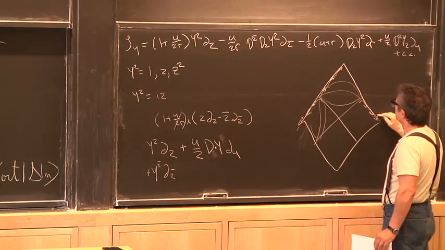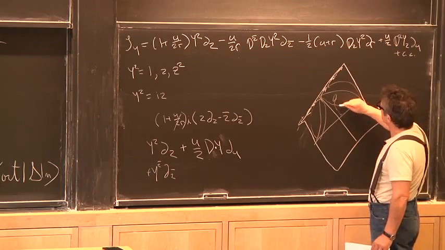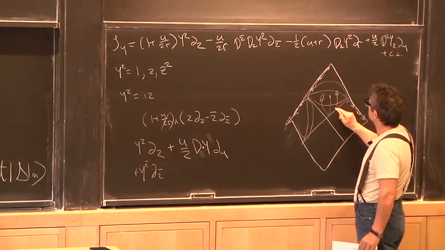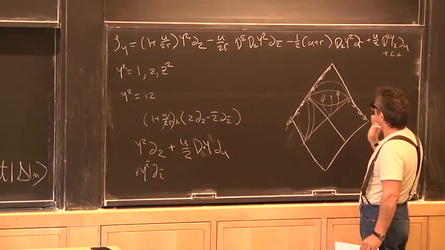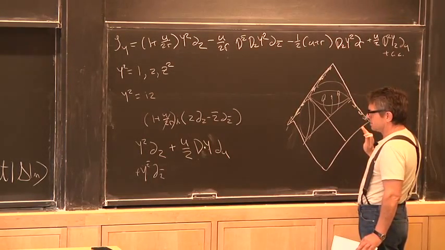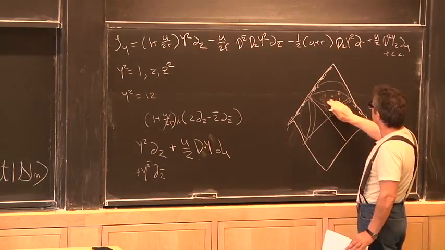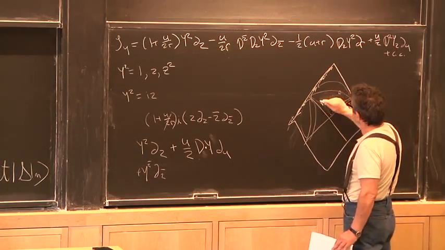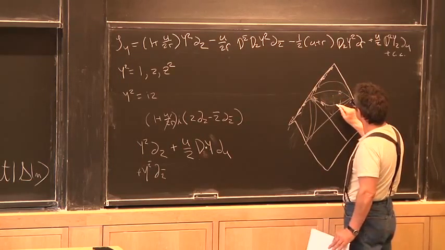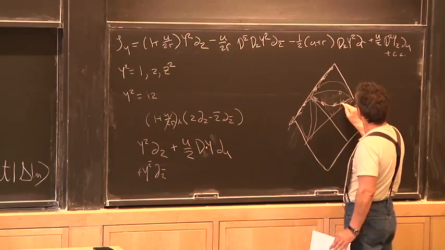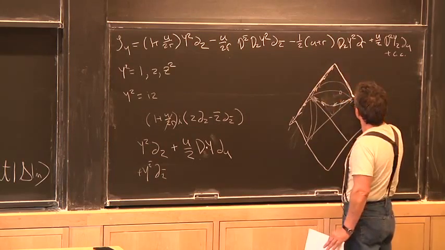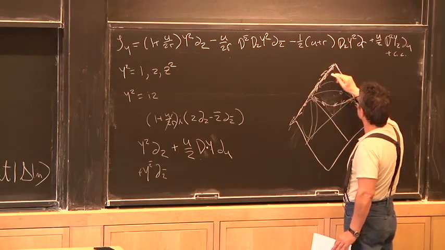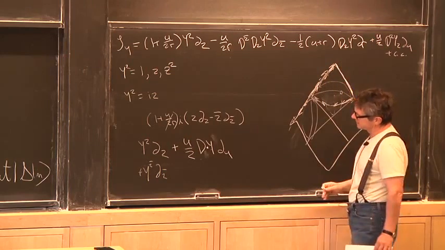Same thing over here. So the boosts map the hyperboloids to themselves. So they do something like this. And this is the limit of one of the hyperboloids, and so we get mapped along null infinity like that.